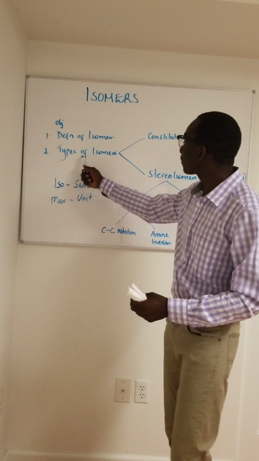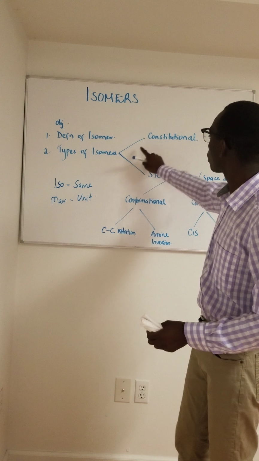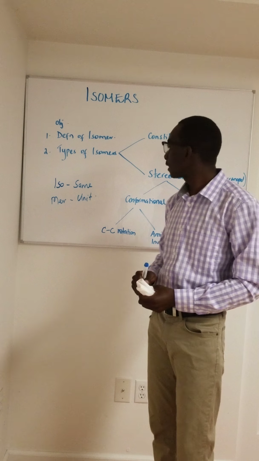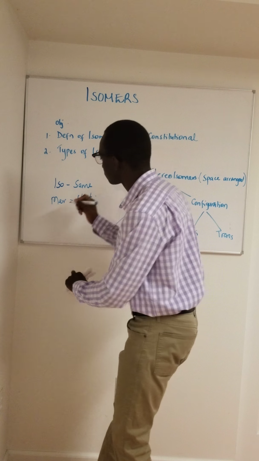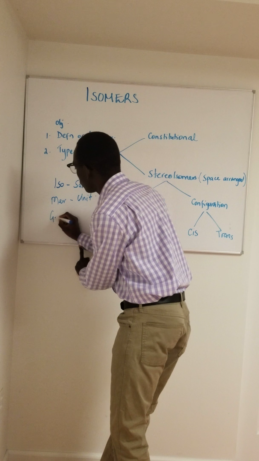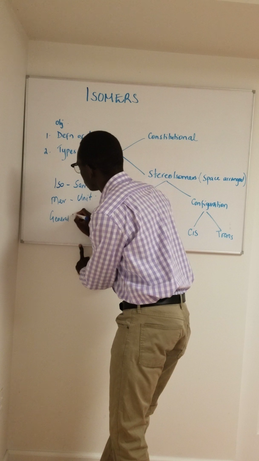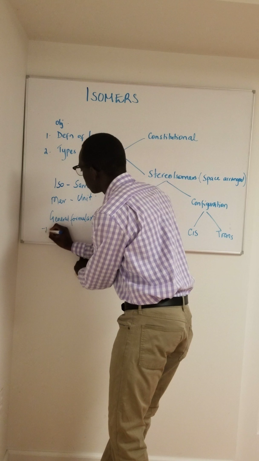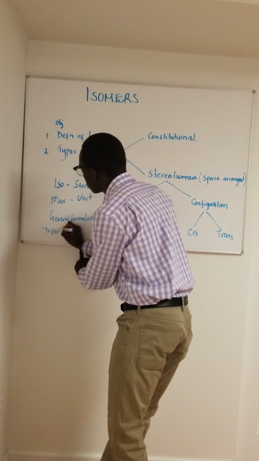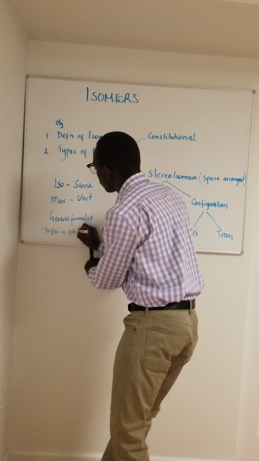So under the types of isomers, we have what we call constitutional isomers and stereoisomers. Like we said, isomers have the same general formula but differ in the arrangement of atoms.